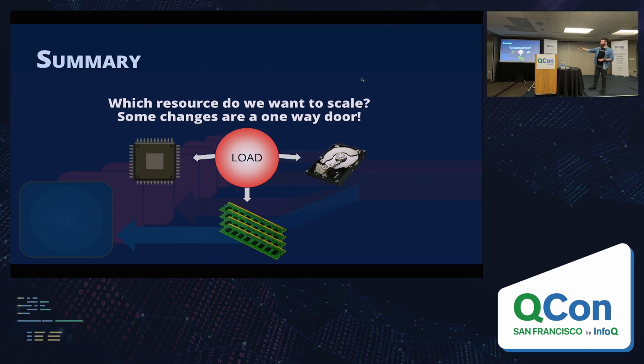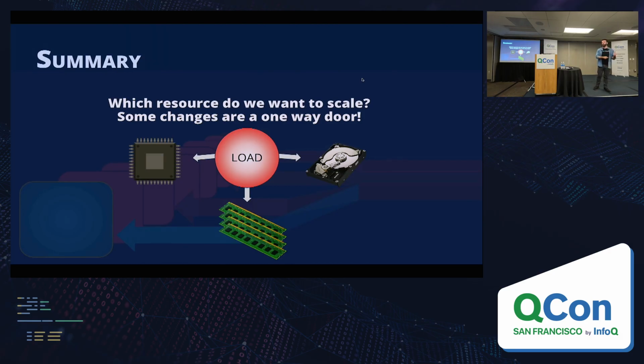If it's memory or CPU, then you would definitely have to add stronger machines. So we have to think about these things ahead of time. Some of them are a one-way door. If you're using AWS and you add to your disk space, in some cases you may find it difficult to reduce the disk space again.